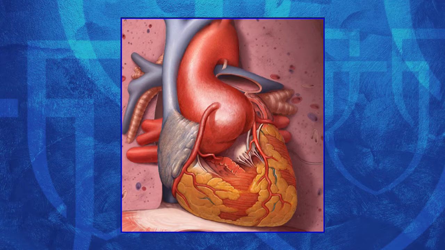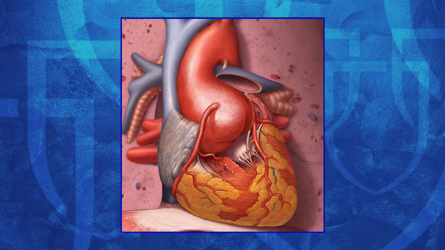The aorta is the biggest blood vessel that we have, and it takes blood to the body. At the base of the aorta, which we call the root, there are two little coronary arteries coming out. These are the vessels that give blood to the heart itself.